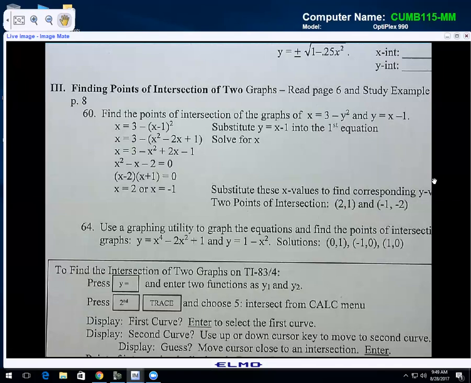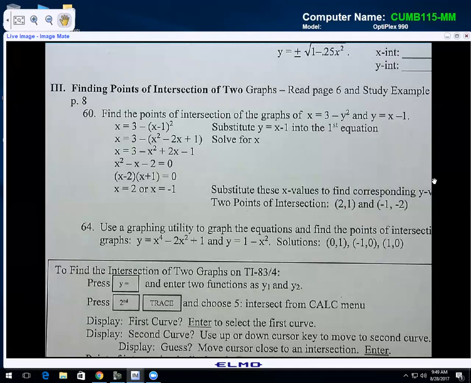That'll give me the 2 x values that are points of intersection, 2 and negative 1. Where did I get those 2 y values? Just resubstitute. If x equals 2, then y is 2 minus 1. If x is negative 1, y is negative 1 minus 1. It's just like a system. Yeah, you're just solving a system of equations.